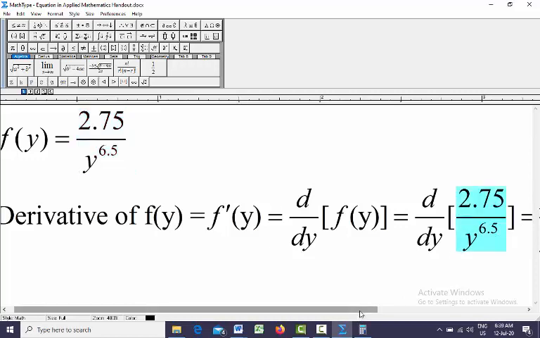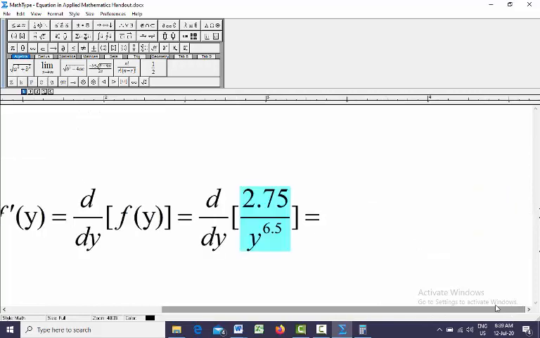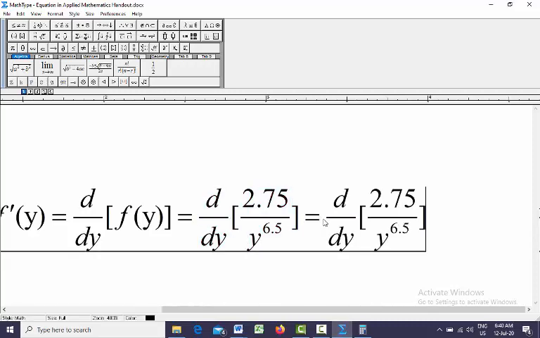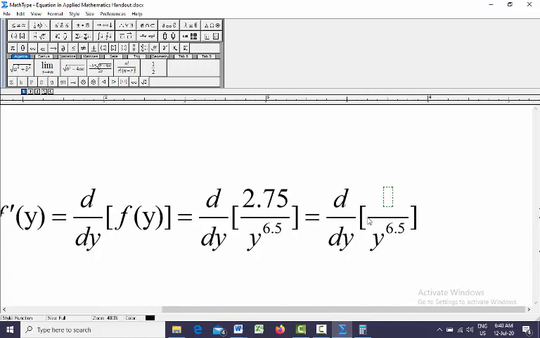Right. So we have solved one problem like this before. Whenever you get something like that, you need to separate this number from the variable. You need to bring this one out.